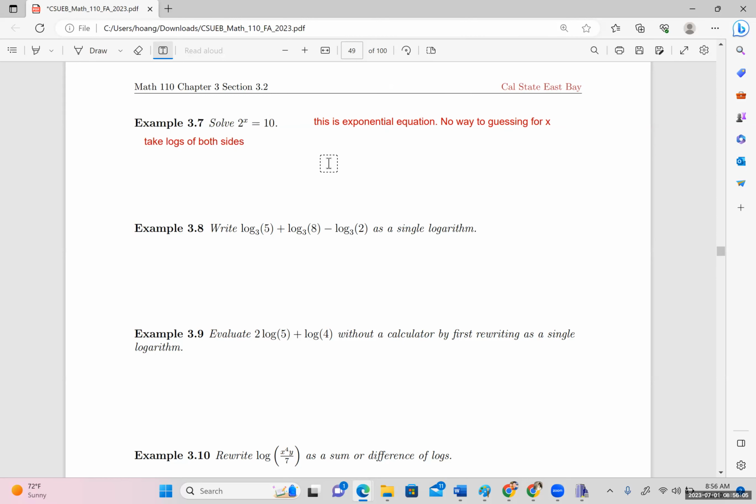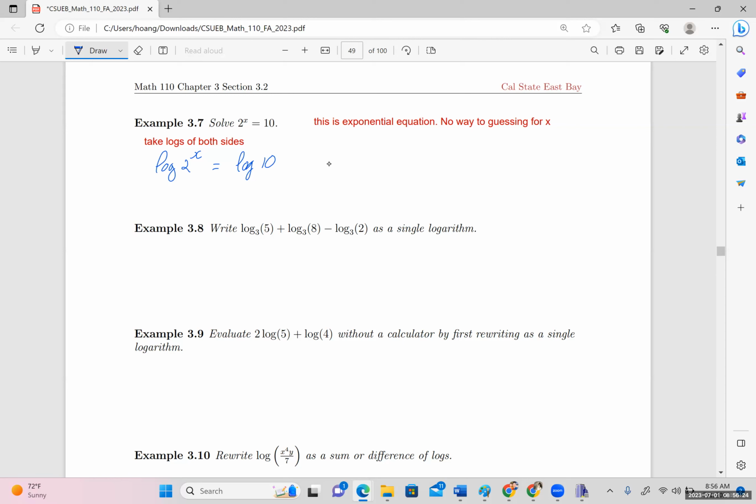So what I do, let me show you. I have log base 10 of 2 raised to x equal to log base 10 of 10.